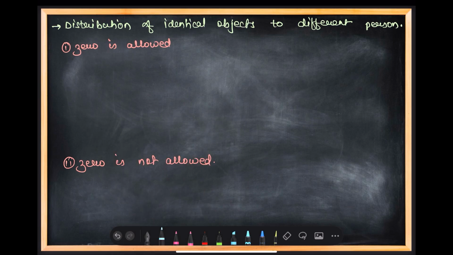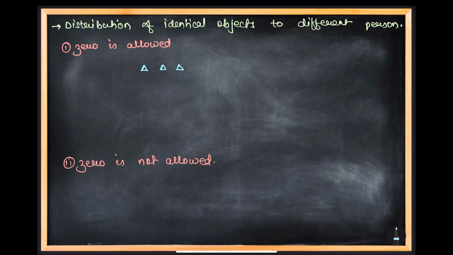Now try to understand, suppose we have 5 samosas: 1, 2, 3, 4 and 5. And we have to distribute these samosas to 3 persons.